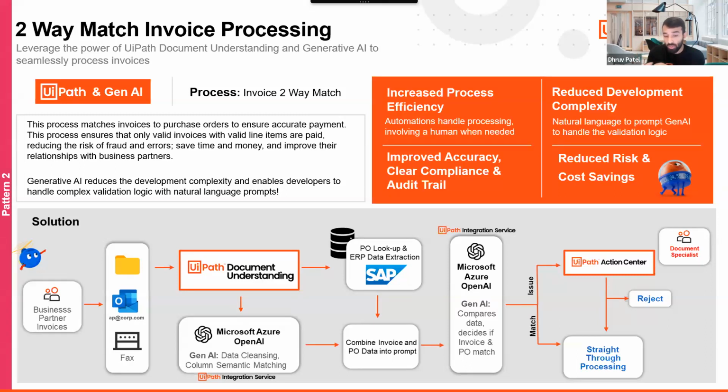I combine both tables into a prompt that I then use to make a second call to generative AI to do the comparison and help me decide: does the invoice data match the PO data? If there's a match, obviously, you'll go straight through processing. But if there is an issue identified by generative AI, you can have it go directly to Action Center to have that human-in-the-loop capability.